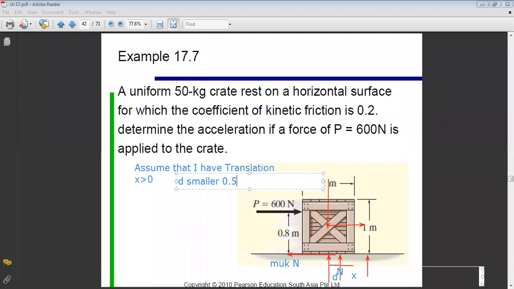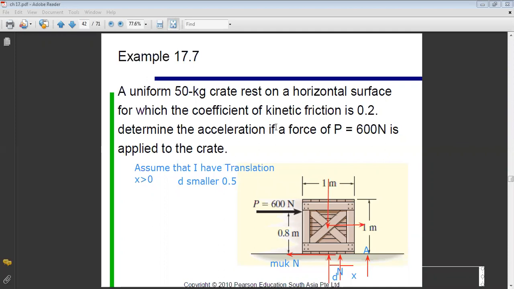It will tip over. It will tip over which point? The corner point here. If I call the corner point A, my crate will start to tip over A.